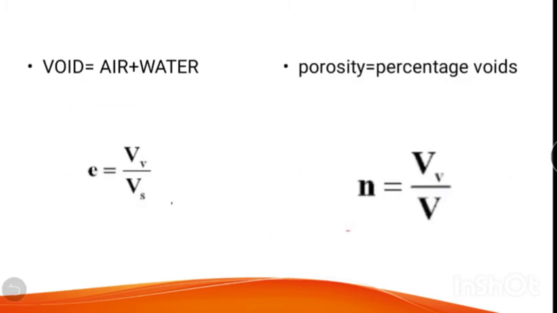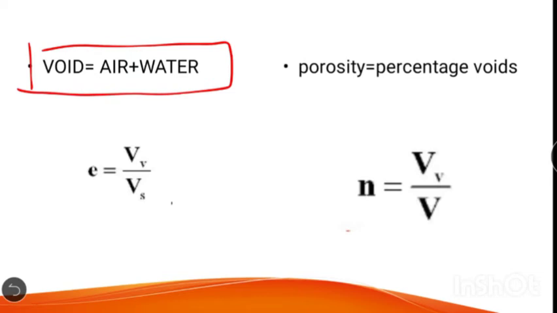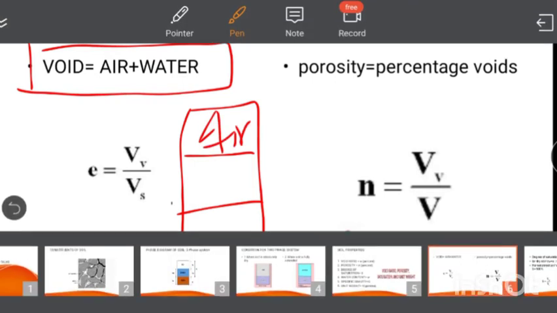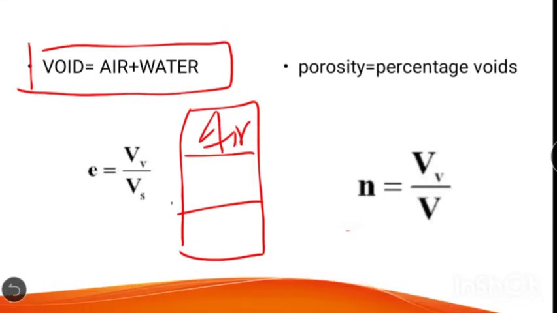So let's start. First, let's discuss what void ratio is. You should know, friends, what void is: air plus water. Now we are talking about void ratio. First, I'll make a phase diagram so that it's clear to you. It has air, water, and solid.